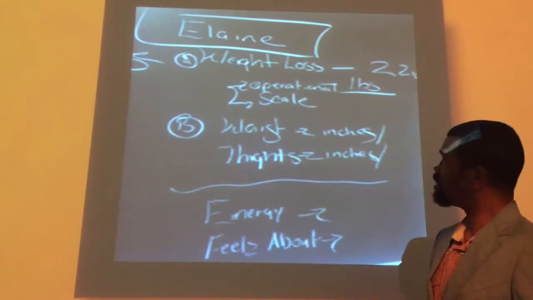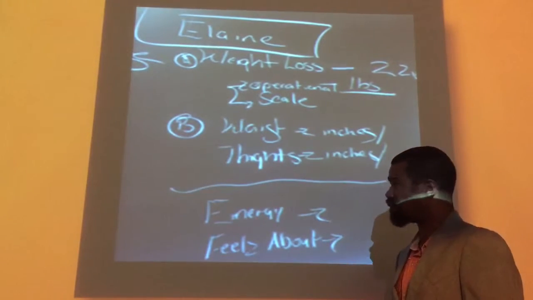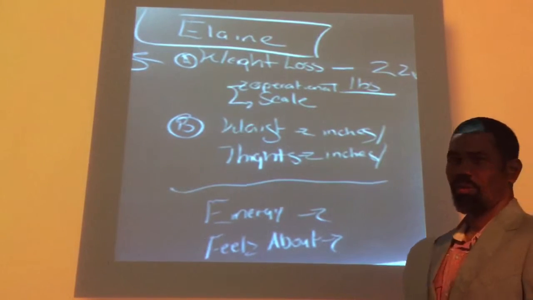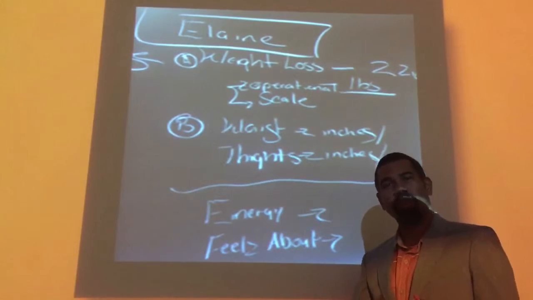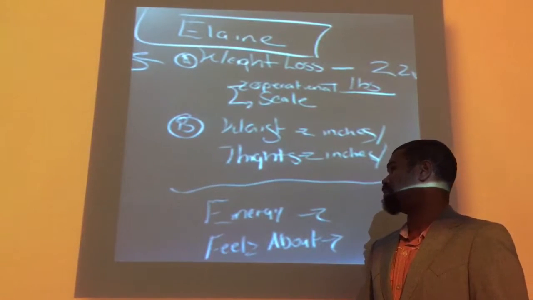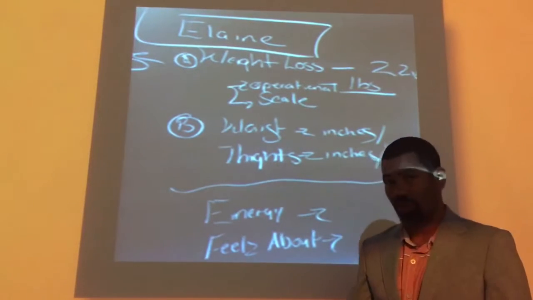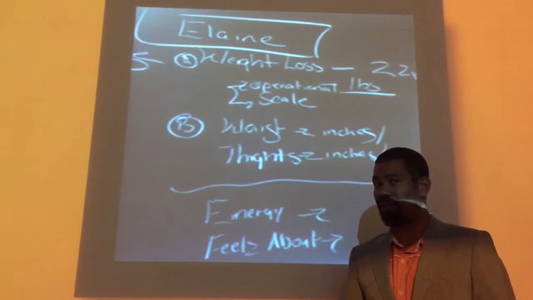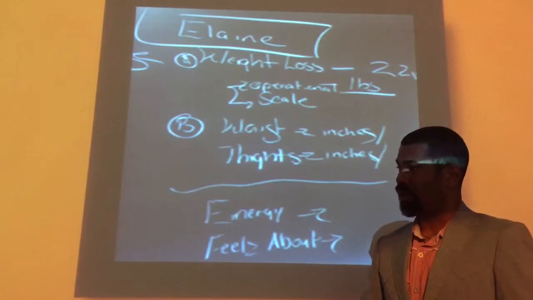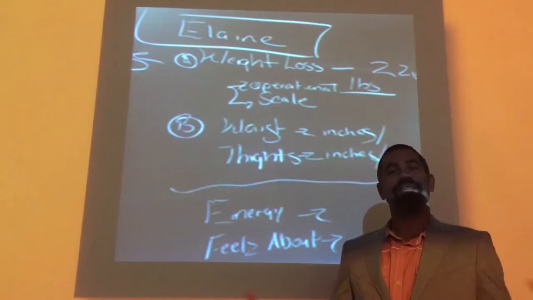But then when we get down here to the qualitative variable, we're talking about energy. And when we talk about energy and weight loss, some of the themes that we usually talk about are fatigue, sleep, desire to sleep, but then there are also those positive themes that are related to energy, like high energy levels or duration of energy or intensity of energy.